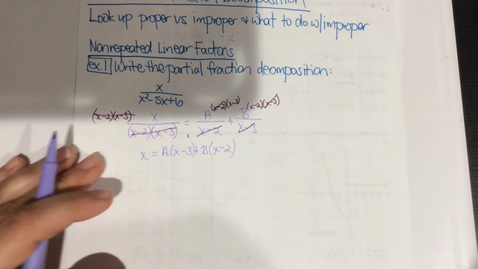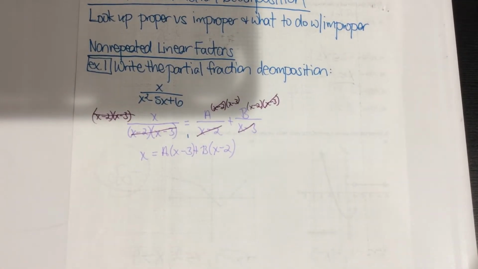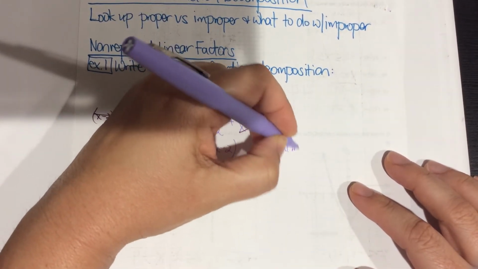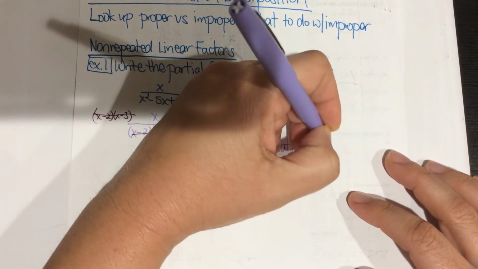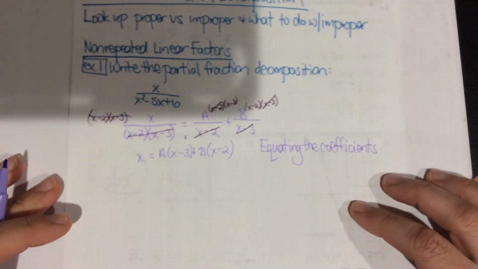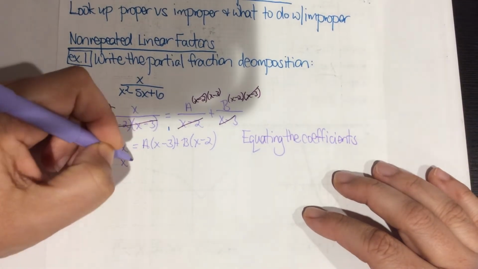Okay, there's two ways to solve it at this point. I'm going to show you both ways because we're going to do two examples. The first one is called equating the coefficients. You'll see why it's called that in a second. I'm going to distribute in this method.